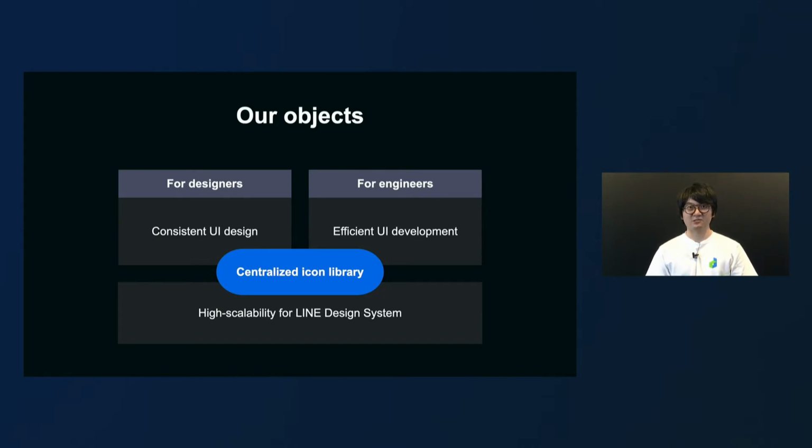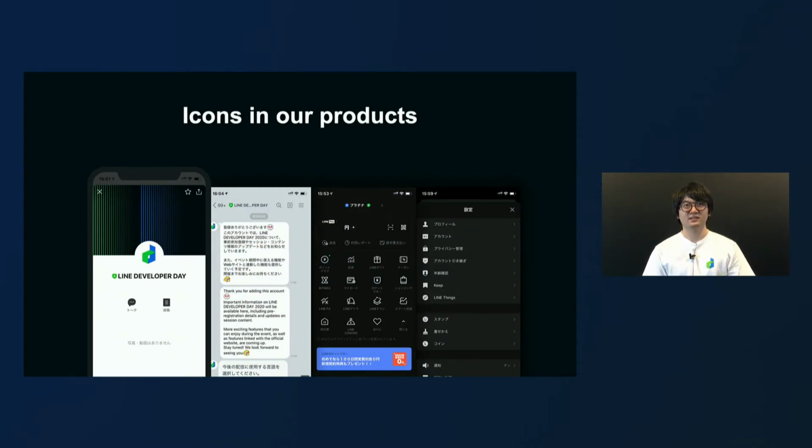This time, I focus on icons, but this presentation is relevant if you want to build a design system in terms of scalability. Apps or web services you use daily are using many icons.